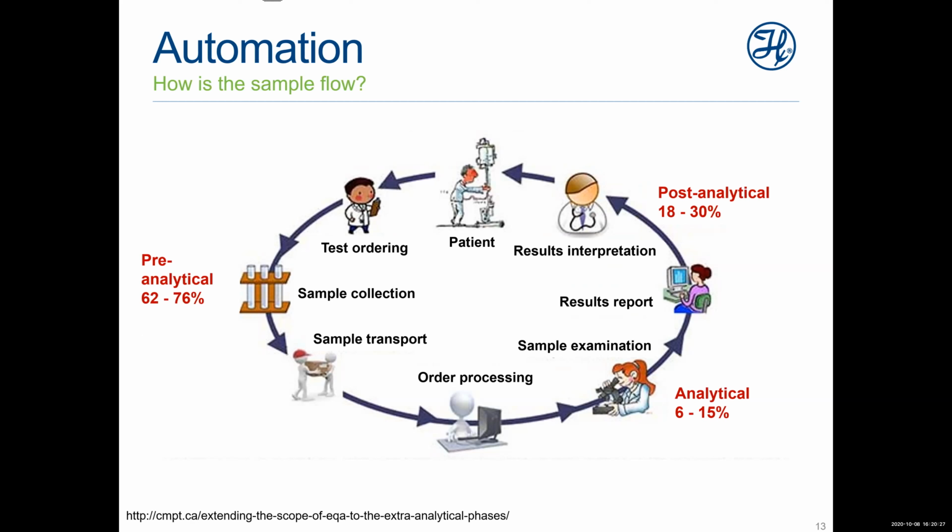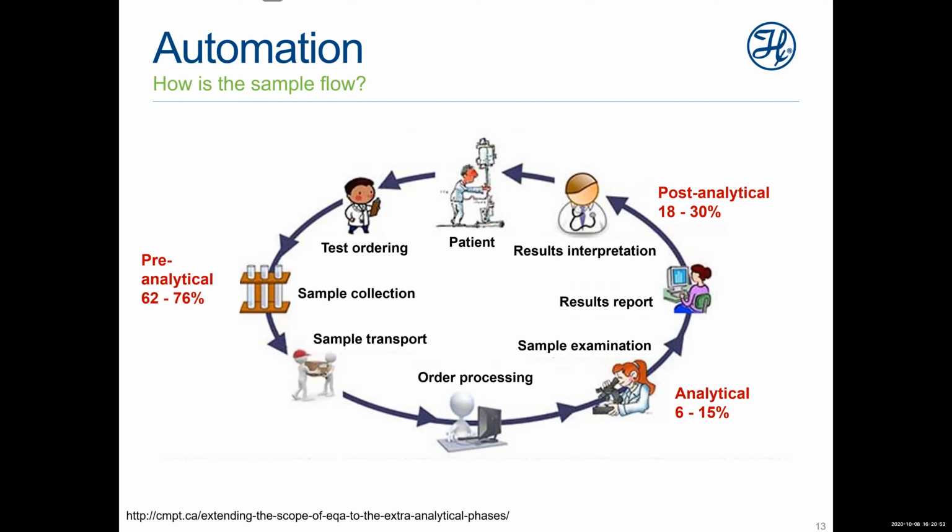The pre-analytical part is partly in charge of the laboratory because we can have some effect with our indications, but not much. The most part where we can have effect is the ordering, processing, sample examination, and results report.